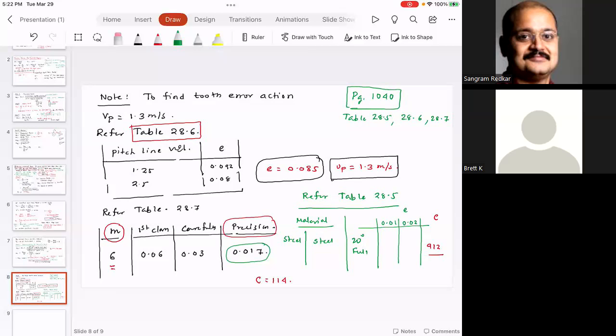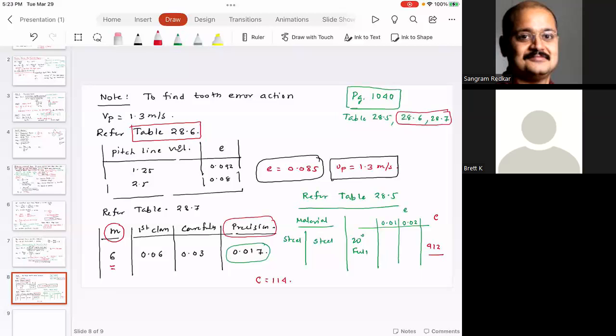Table 28.5 gives you the material combination, pressure angle, and the deformation factor in terms of error action. Table 28.6 gives you the error action that is dependent on the pitch line velocity, and 28.7 gives you the error action depending upon module. So you can find out the tooth error action using table 28.6 or 28.7.